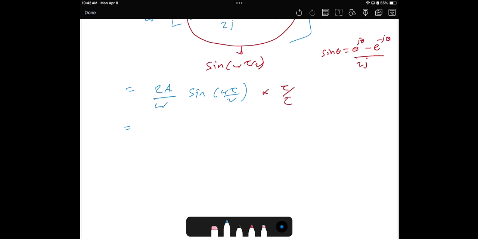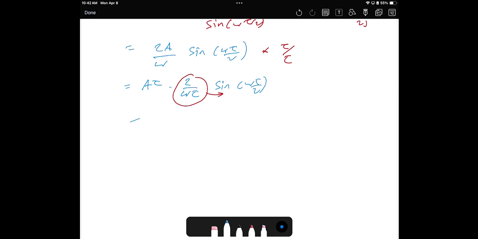So this yields to be like this. It will be A tau times 2 over omega tau sine omega tau over 2, right? Now I'm going to put this here. So this yields A tau sine of omega tau divided by 2, divided by omega tau divided by 2.